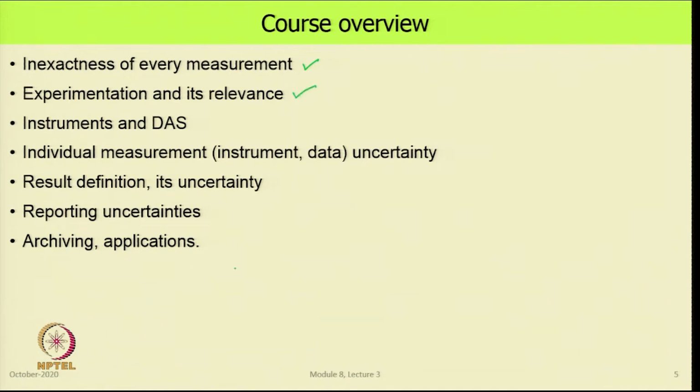We looked at experimentation and its relevance, instruments and data acquisition systems, and we went a little bit into the electronic aspects of this and saw how it affects our uncertainty calculations. Then we looked at individual instrument uncertainty, result definition and its uncertainty, reporting of uncertainties, and finally archiving. So, this is what we learnt in this course. This is what we said is an introductory course.